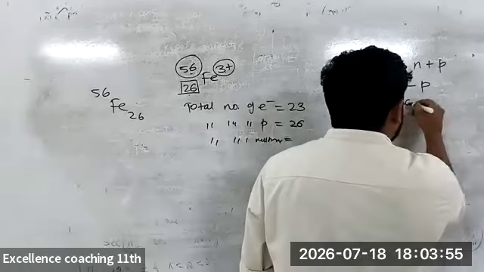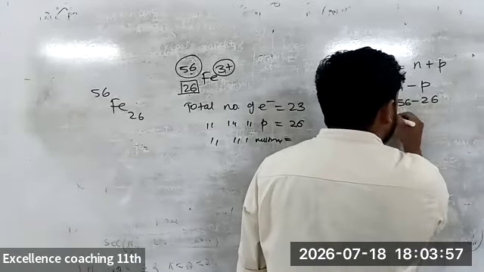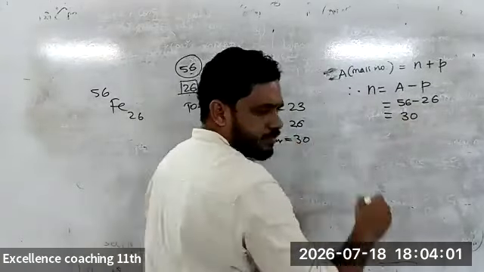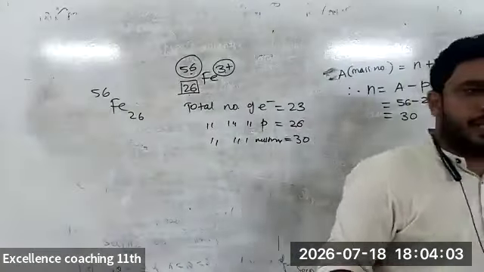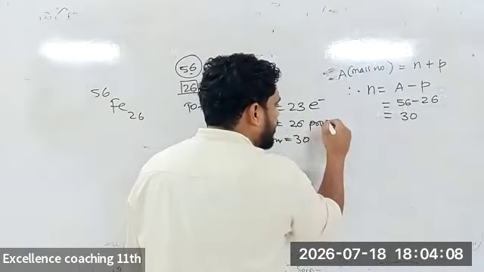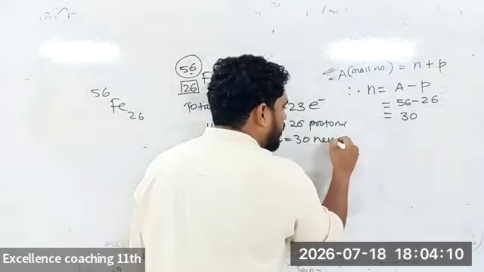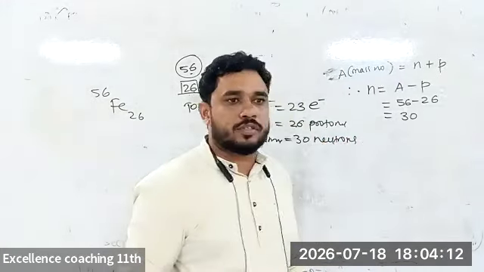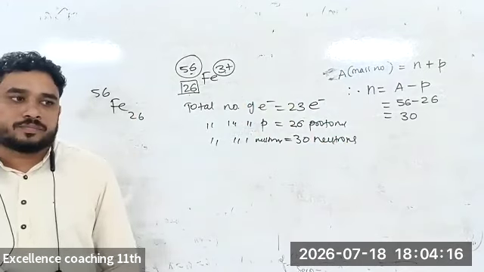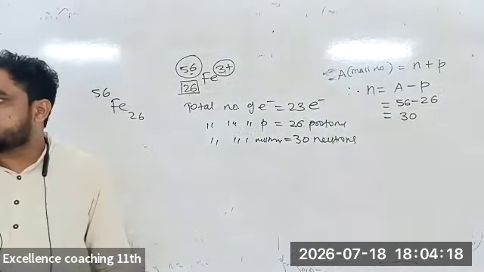What is the mass number? 56. And how many protons? 26. So neutrons will be 30. Now make a habit of writing 23 electrons, 26 protons, and 30 neutrons. Make a habit of writing this.